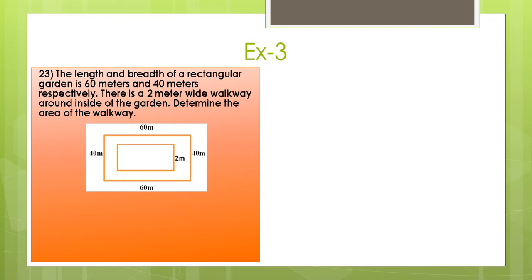That's why we draw a rectangular garden shape. And there is a 2-meter wide walkway around inside of the garden. As you can see, inside of the garden, there is a 2-meter wide walkway, and beside this walkway there is a garden also. So let's do the solution.